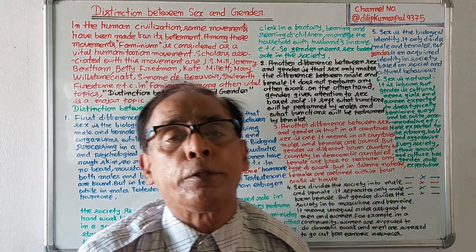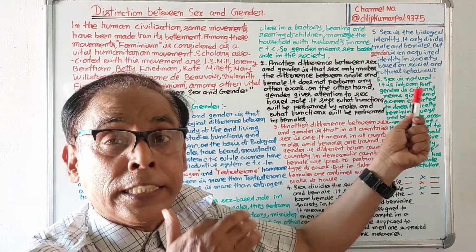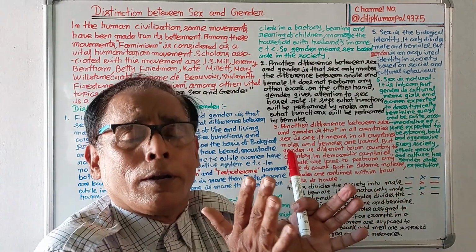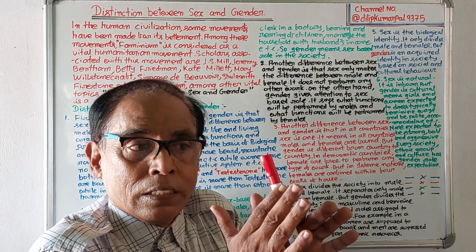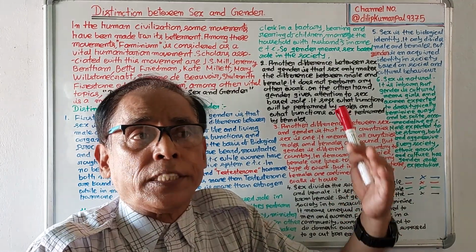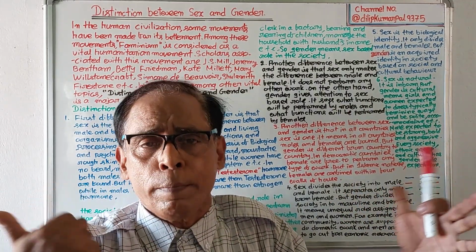So another difference between sex and gender is that sex is natural. It is inborn. After birth, some are considered as male and some are considered as female.